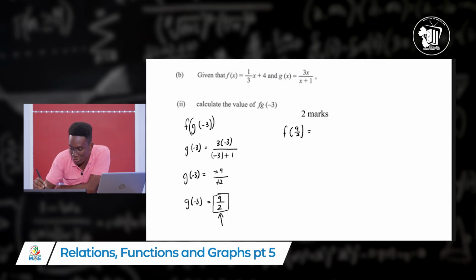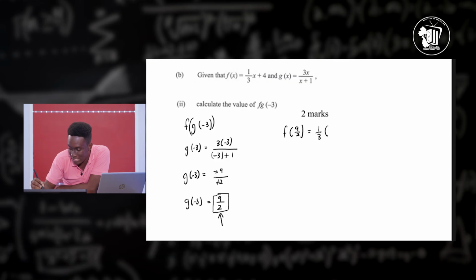So f of 9 over 2 is equal to 1 over 3 multiplied by x, where x in this case is 9 over 2, plus 4. This will be 1 times 9, which is 9, over 3 times 2, which is 6, plus 4. So 9 over 6 plus 4.